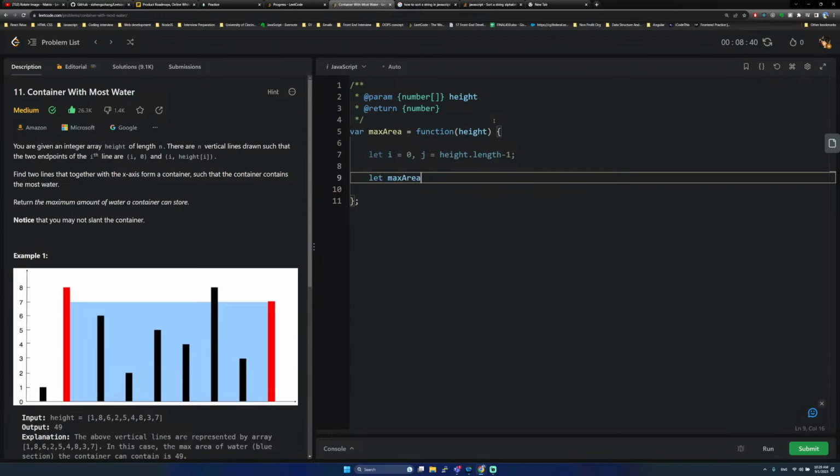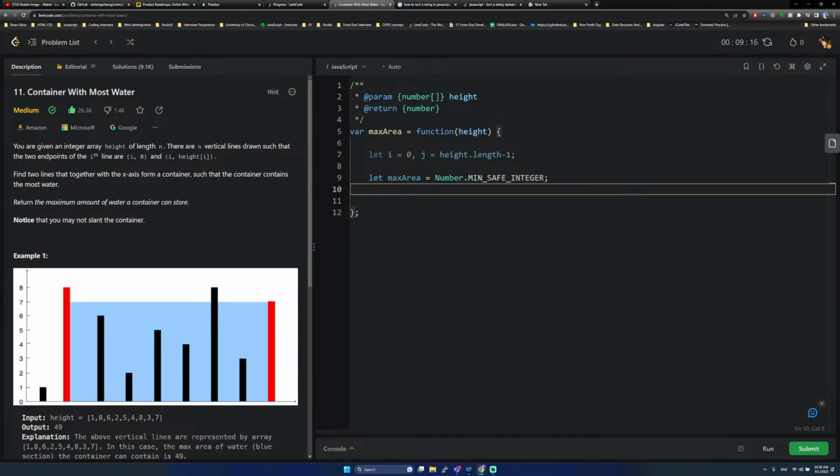Then max area is equal to Number.MIN_SAFE_INTEGER. Why am I taking this?